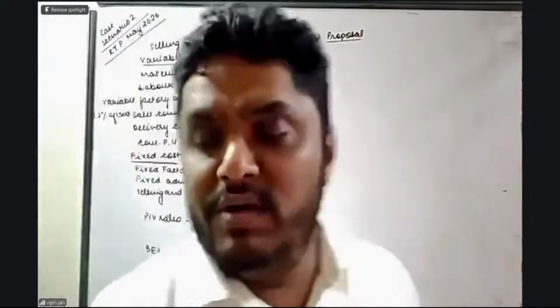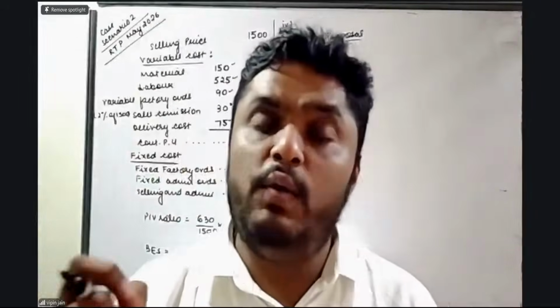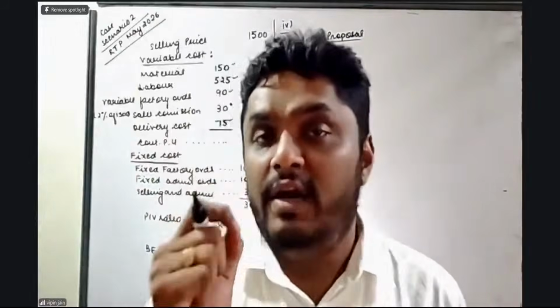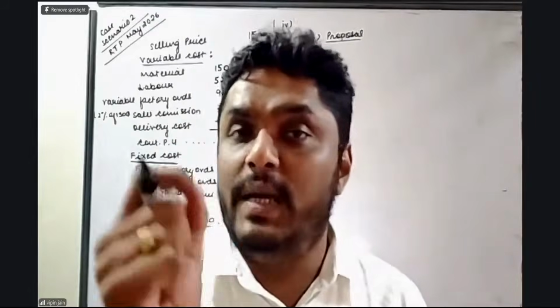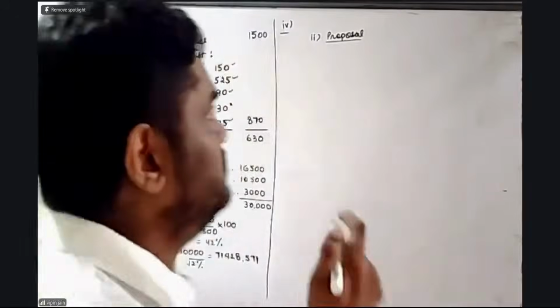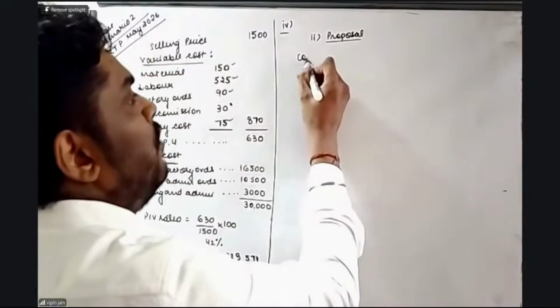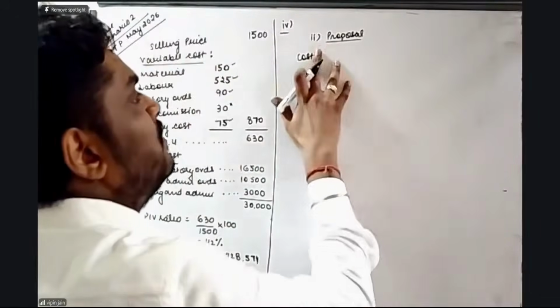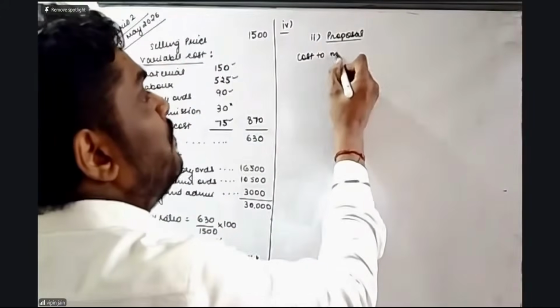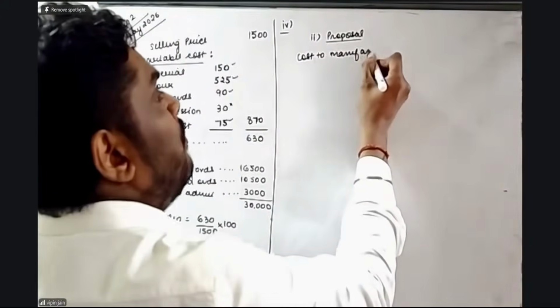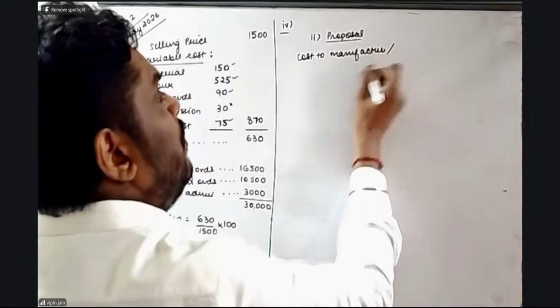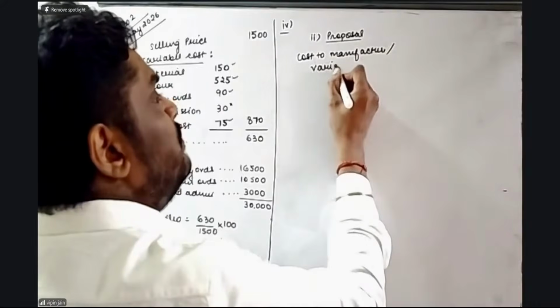Now, when talking about the second proposal, we first have to calculate the cost of manufacturing. The cost of manufacturing a product is basically the variable cost. So cost to manufacture, or variable cost.